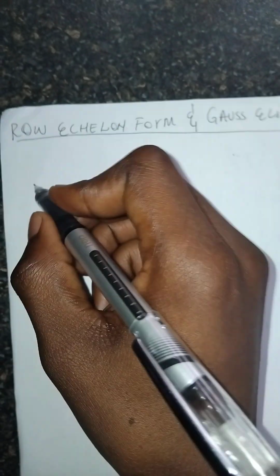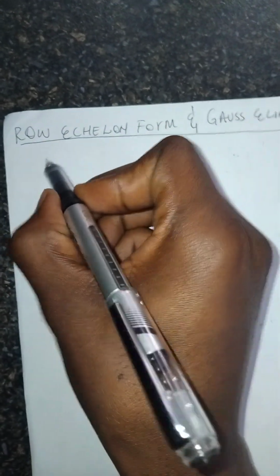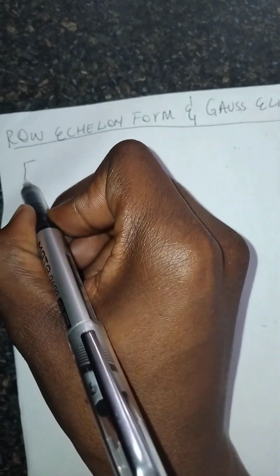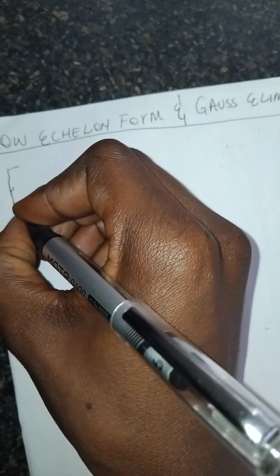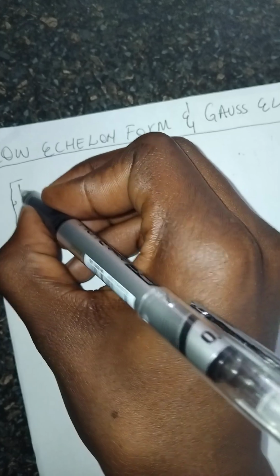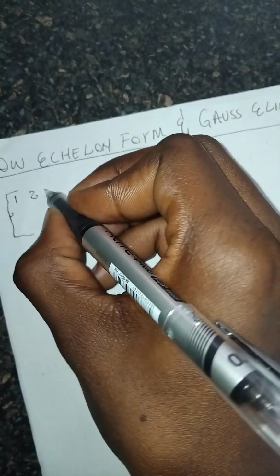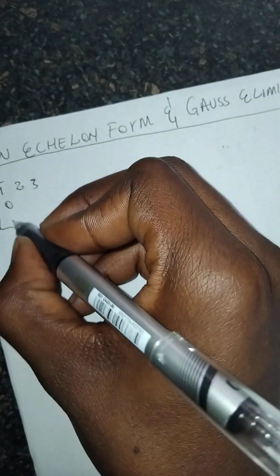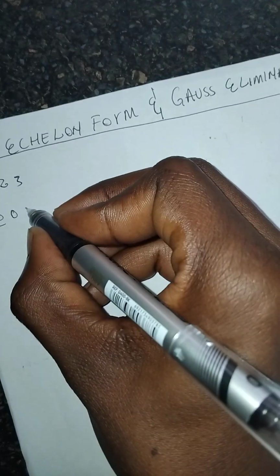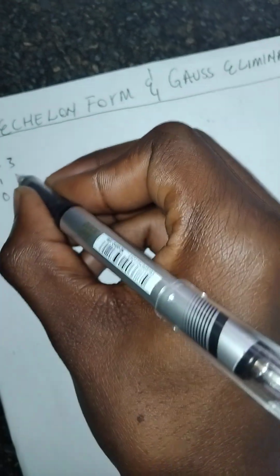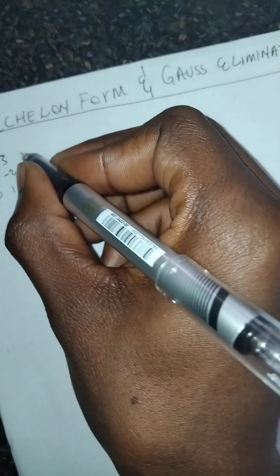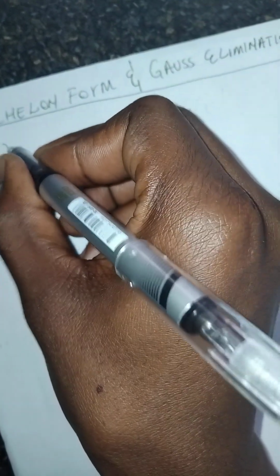Okay, so if you have a system of linear equations and you apply row echelon form and linear operations on it, you are basically trying to transform it to be in a form where you have something of this nature.